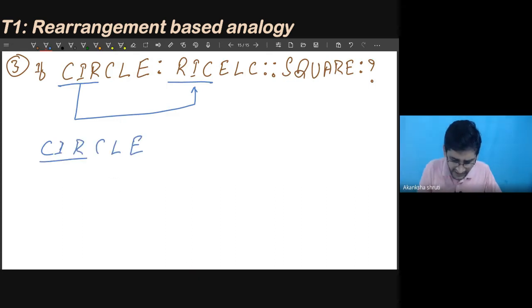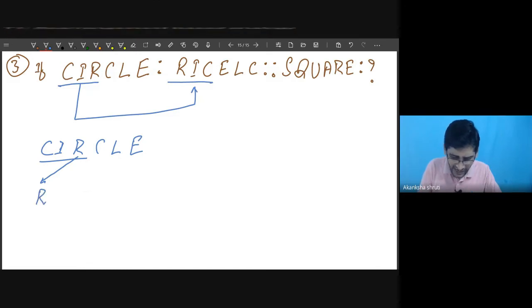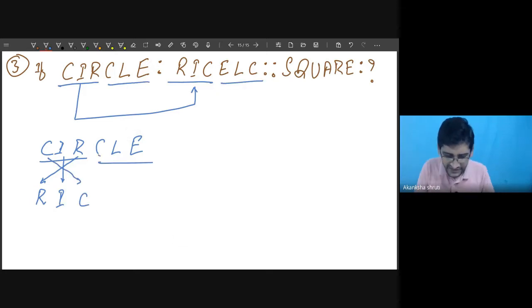The first 3 are written first, but among the first 3 the third character is written first, so R, then I, then C. Now the next 3, means CLE, is written here as ELC, means again in the second part we have E brought first, C brought at the end, and L is being copied as it is.